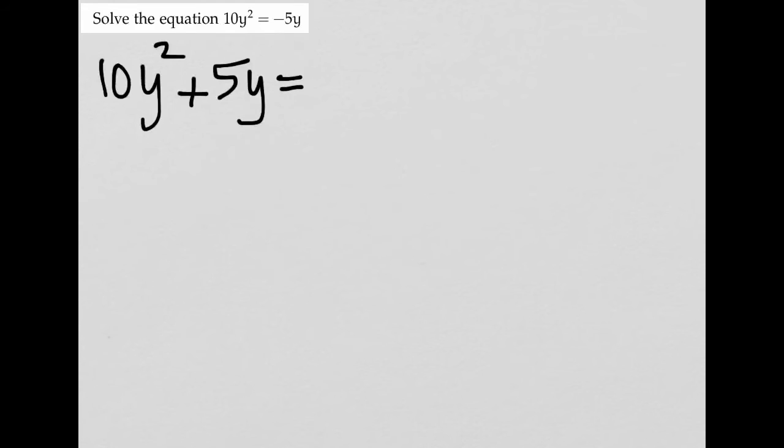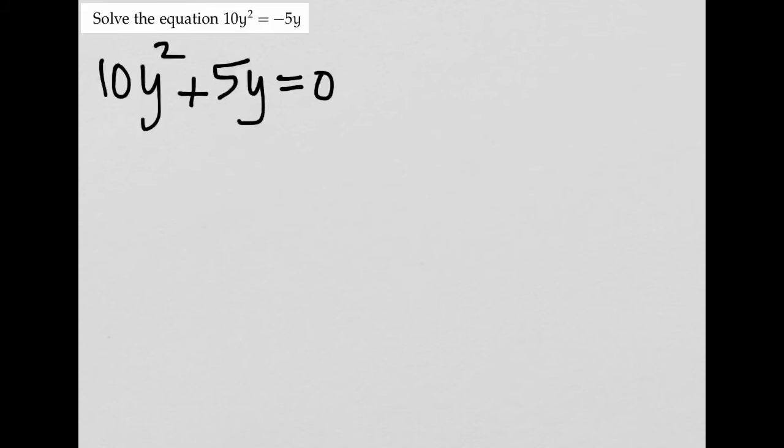Next, let's look at the equation 10y squared equals negative 5y. We start out by moving everything to the left-hand side and make it equal to 0. So 10y squared plus 5y equals 0.